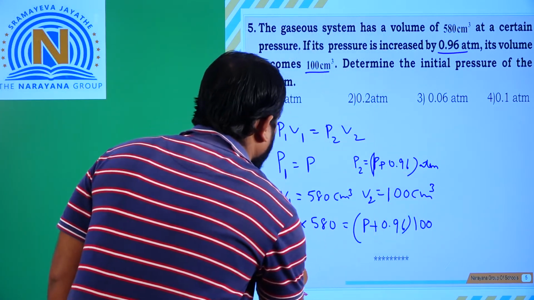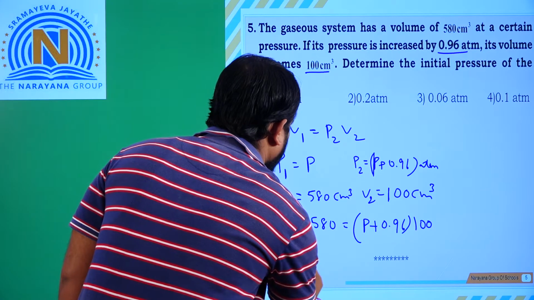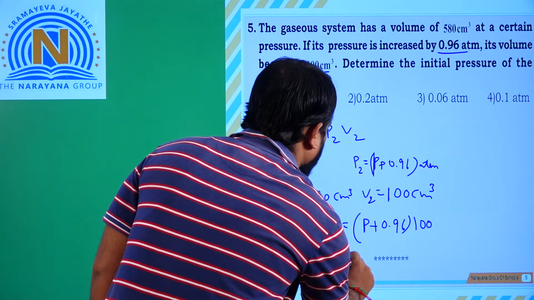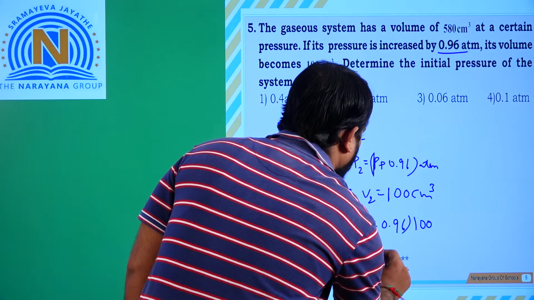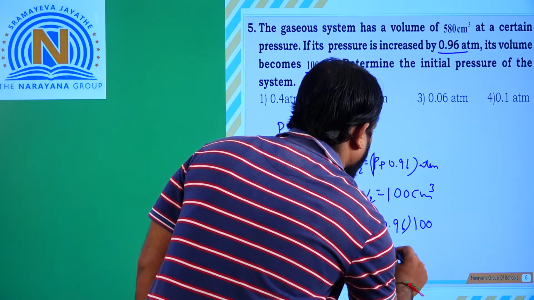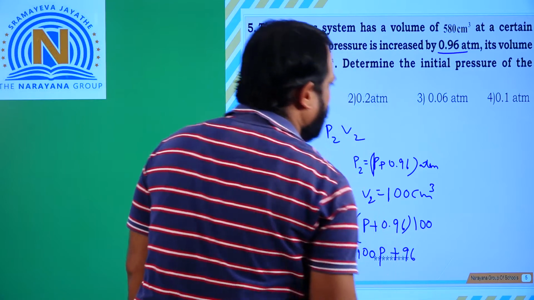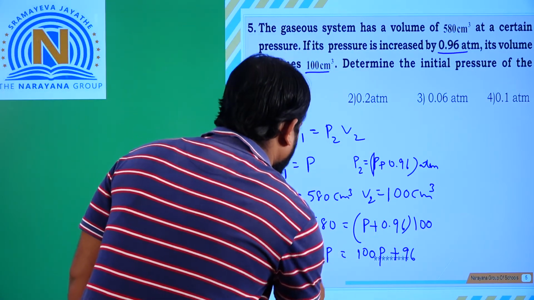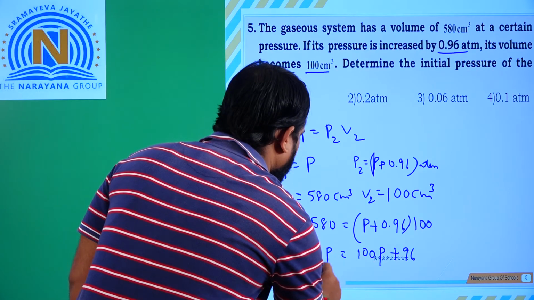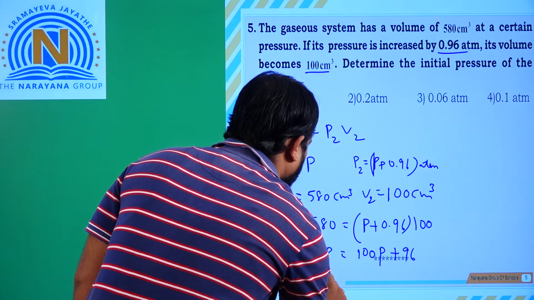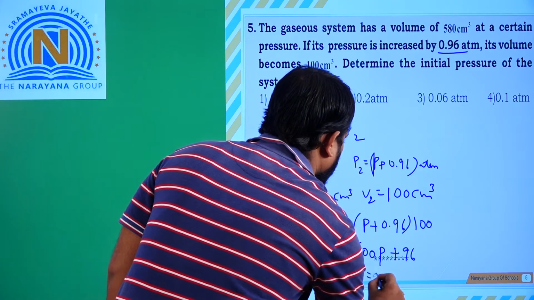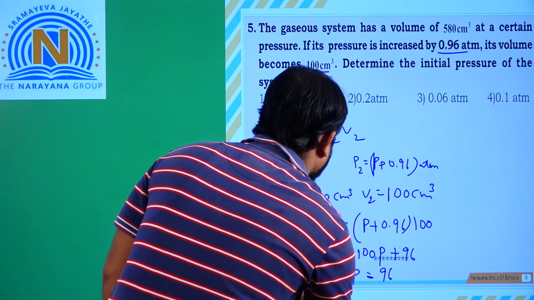So now 580 P is equal to 100 P plus 96. Taking 100 P across, 580 P minus 100 P is equal to 96.